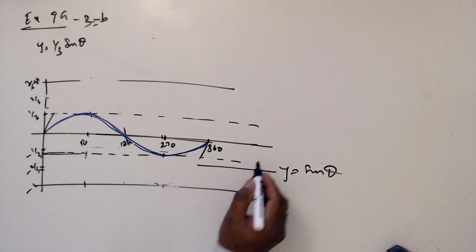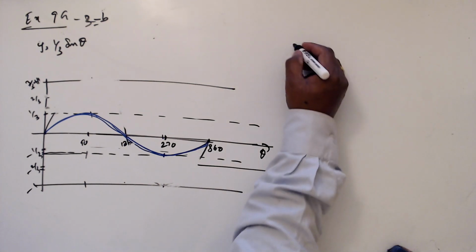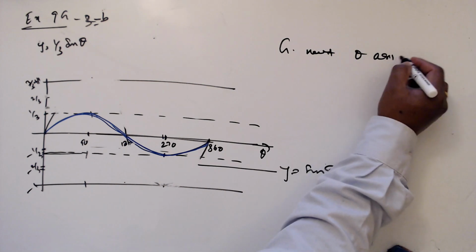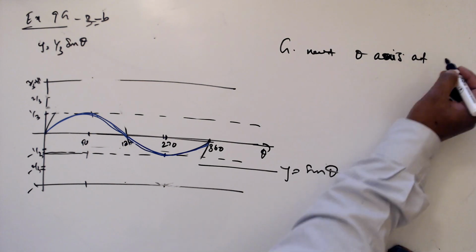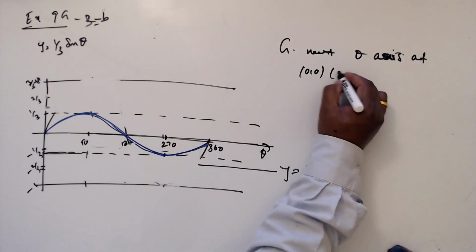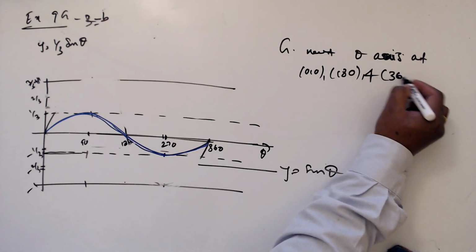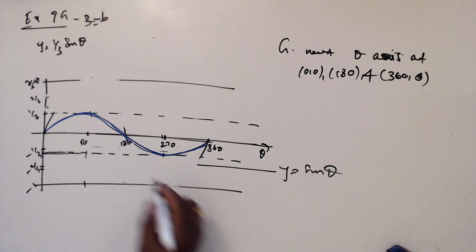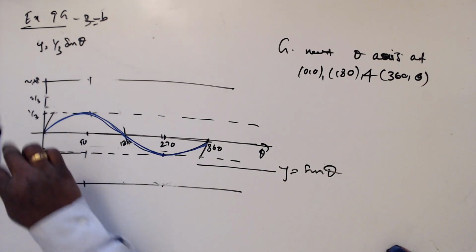So the graph meets the theta axis at 3 points: here, here, here. So the coordinates: the graph meets the theta axis at 0, 0, 180, 0, and 360, 0. The maximum value now is not 1, it is now 1/3.